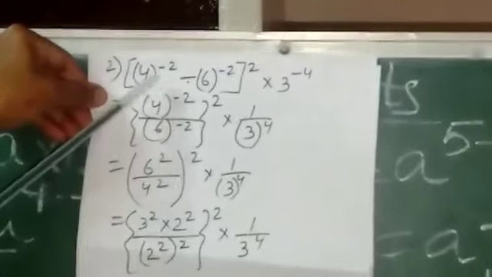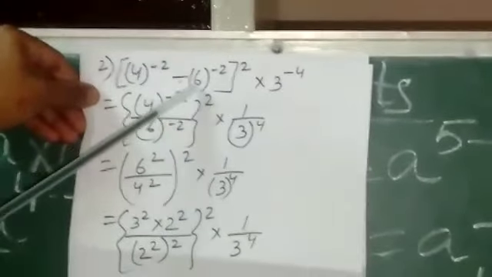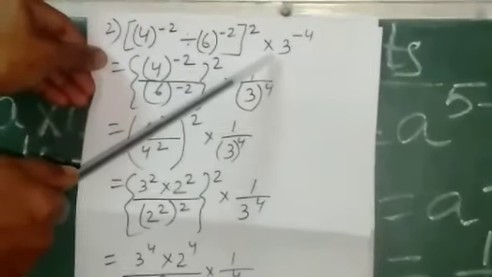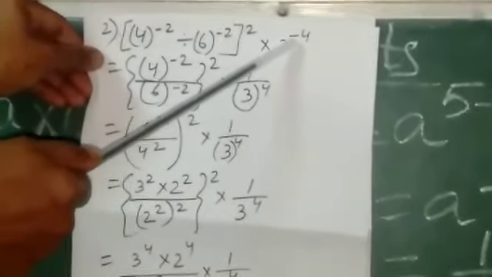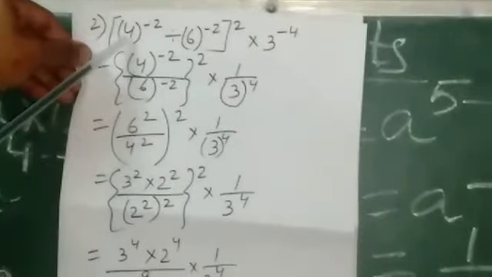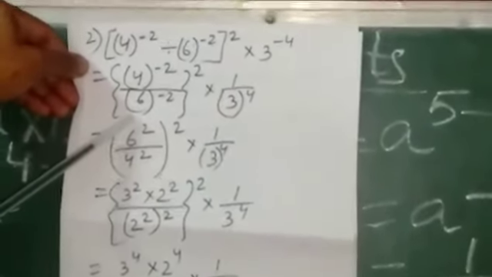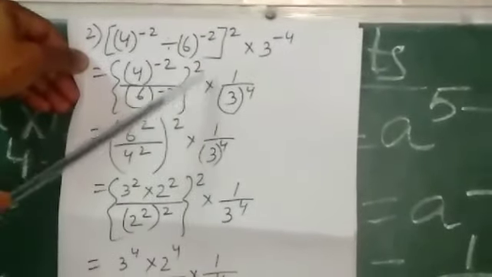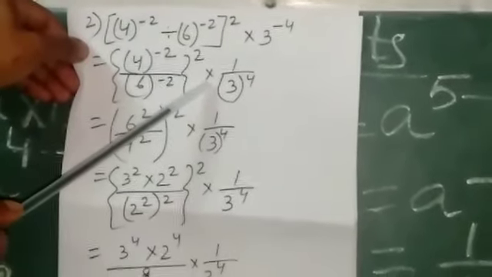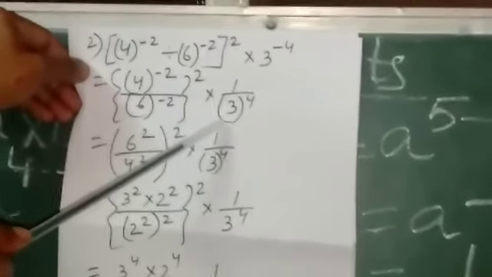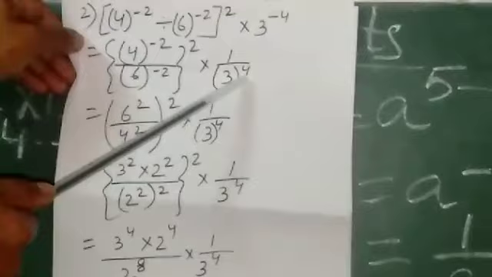Moving on to the next sum: 4 to the power minus 2 divided by 6 to the power minus 2, whole to the power 2, into 3 to the power minus 4. We can write 3 to the power minus 4 as 1 by 3 to the power 4.